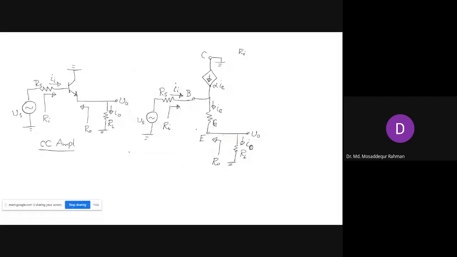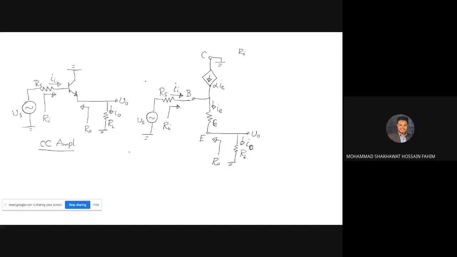What do you call this circuit? No one knows.